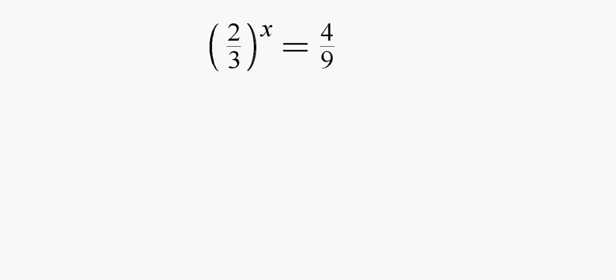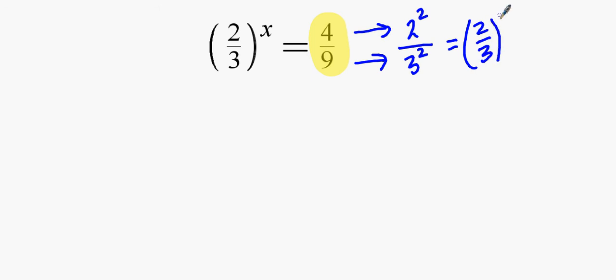So in this next problem, we do the same thing as the one before. So 4 over 9. We'll look at 4. 4 is the same as 2 squared. We'll look at 9. 9 is the same as 3 squared. So we have 2 squared over 3 squared. We can simplify that and write it as 2 over 3, everything squared.